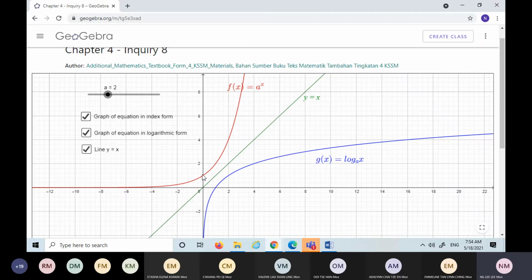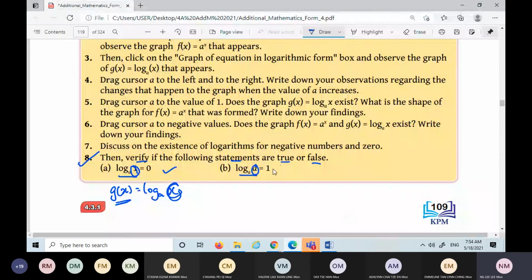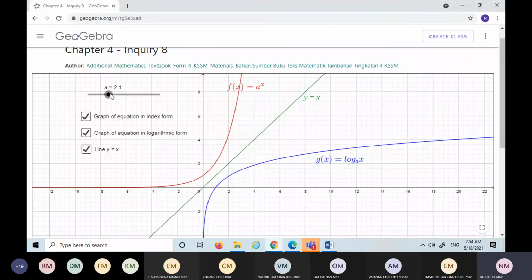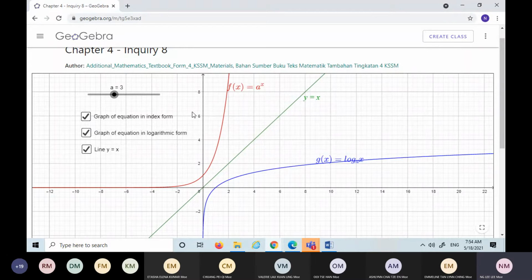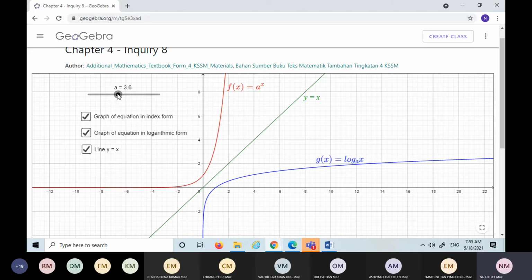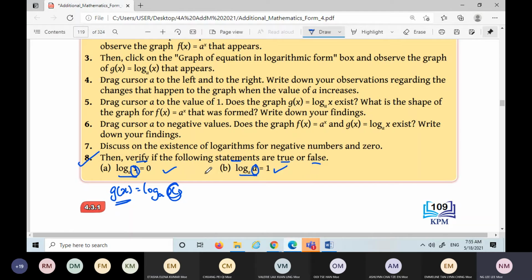Here is 1. So this is also true. If you are not happy with log 2, we can try log 3. I adjust a to become 3, and then I read x at 3. You can see it still goes to 1. If you are still not happy, let us try log 4. Now a is 4, so I read x is 4. You can see it's still 1. Therefore this one is true.